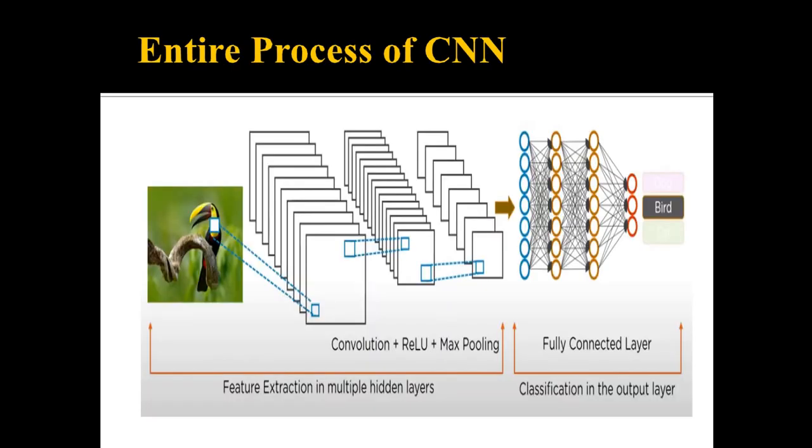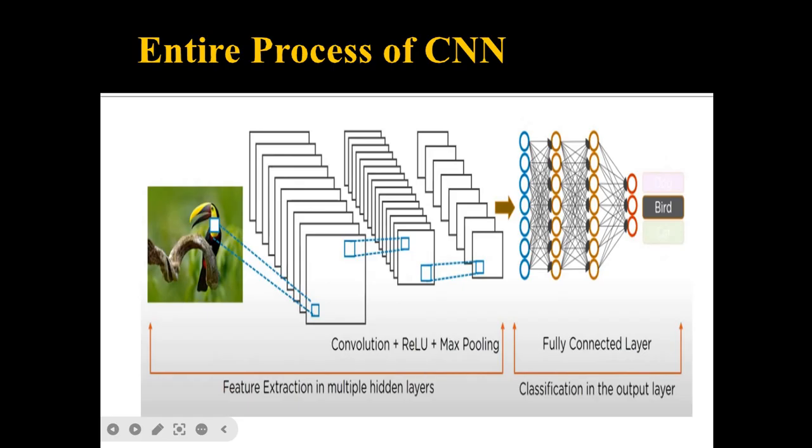Now this is the entire process of the CNN. What we are doing here is taking some pixels from the image, and these are fed to the convolution layer, which will perform the convolution operation and result in a convolved map. Then to the convolved map we apply the ReLU function to generate the rectified feature map.